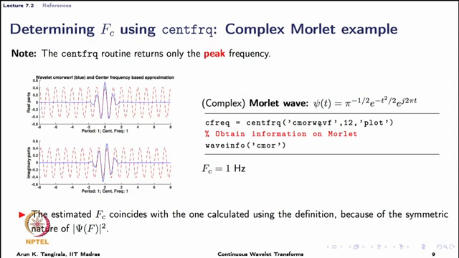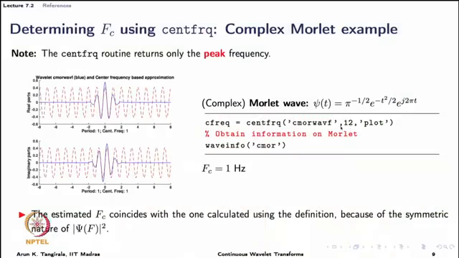If there is a closed form expression, the second argument essentially specifies the number of grid points over which you want to compute the wave. In this case, it is a power of 2. In other words, what I am asking CENTFRQ to do here is compute the center frequency of the complex Morlet wave by first generating 2 power 12 points on an interval that is by default set in the CENTFRQ. That is something that you do not have a say on.